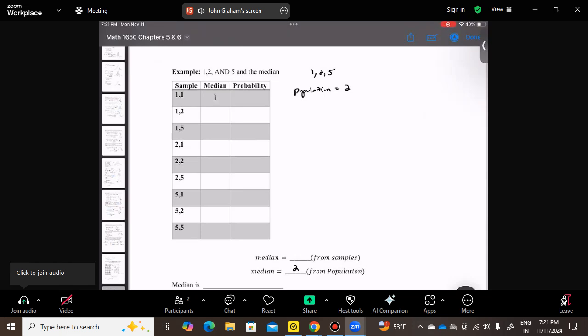Median between 1 and 2 is 1.5. Median between 1 and 5 is 3. 2 and 1 is 1.5. 2 and 2 is 2. 2 and 5 is 3.5. 5 and 1 is 3. 5 and 2 is 3.5. And 5 and 5 is 5. And each of these has a 1 in 9 chance of happening.